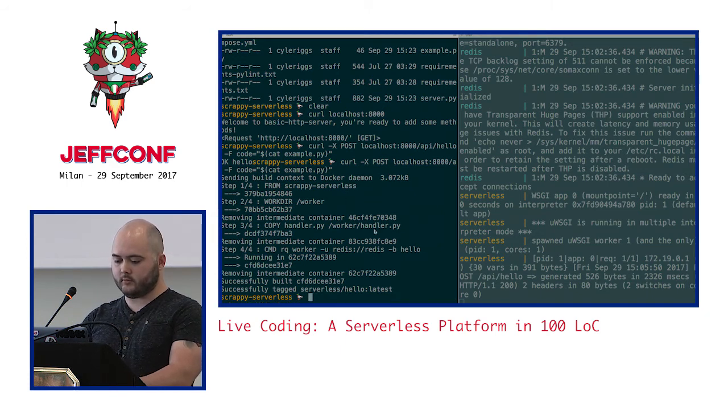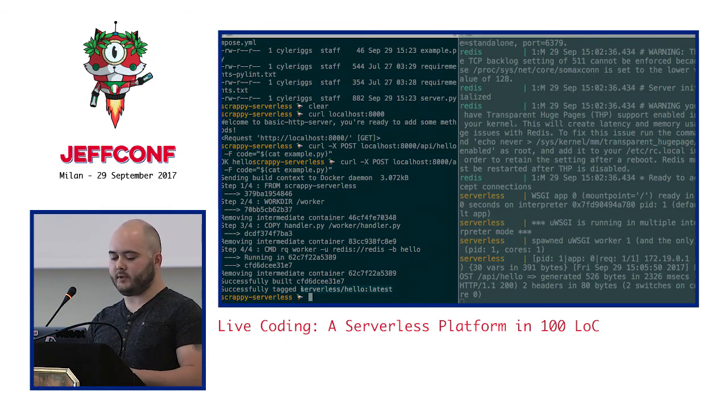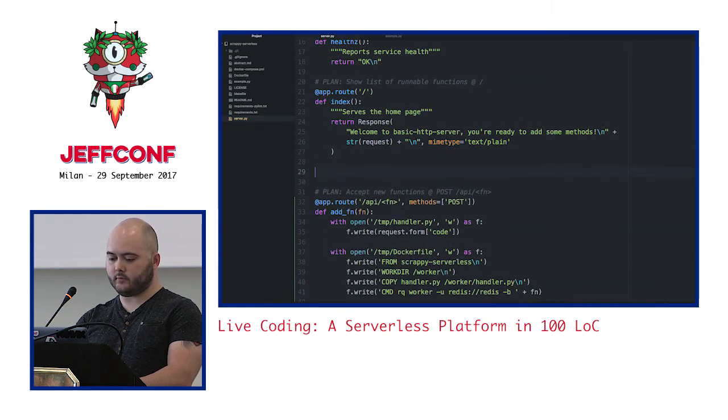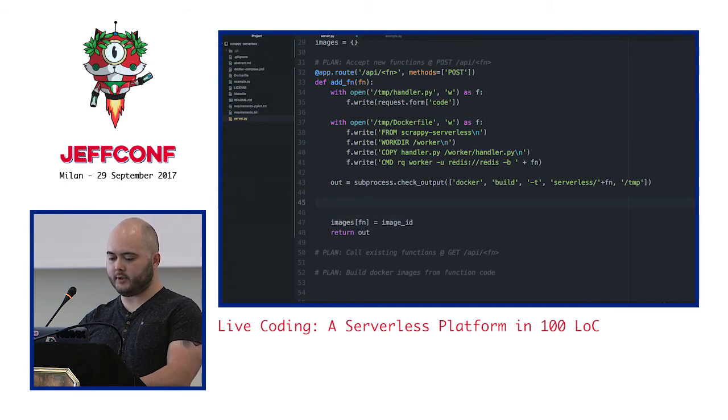So what we need to do now is capture this image ID, because we're going to need to run it later on. So we need to know which Docker image corresponds to this particular piece of code that's been uploaded. So now we're just going to create some variable for that. And of course, we need to capture the image ID from the output also.